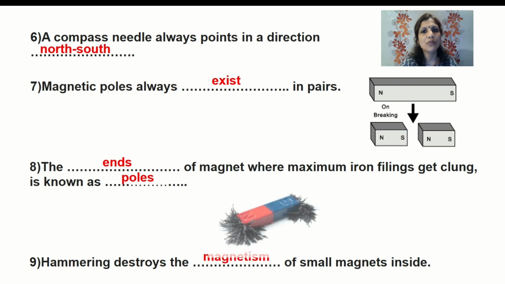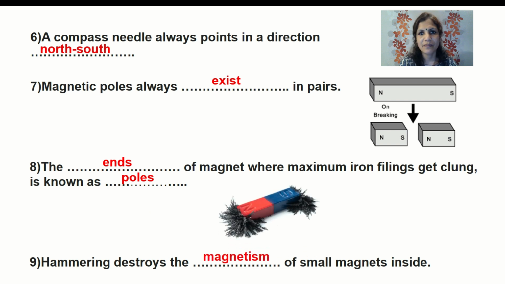This figure will give you an idea about that. Alright. Now hammering destroys the dash of small magnets inside. So hammering destroys the magnetism of the magnet. This is very important. So heating and hammering damage the magnet.